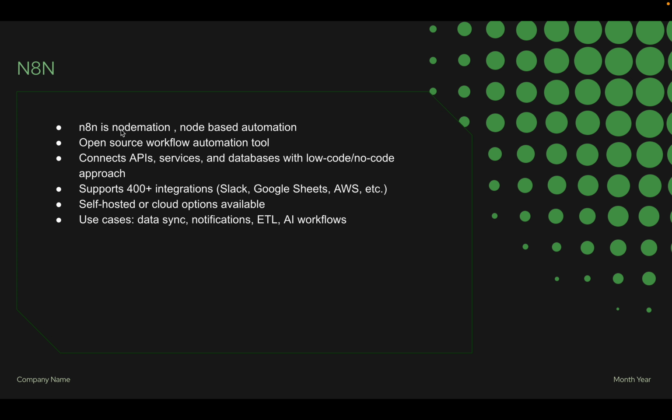If you look at the characters between these two n's, the count will be 8. So just count it: 1, 2, 3, 4, 5, 6, 7, 8, right? That is why we are getting this particular name, n8n.